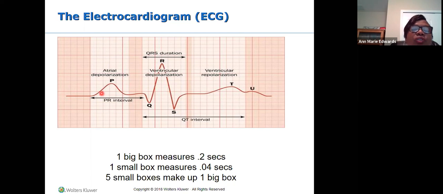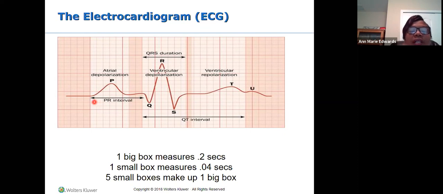All right, so you see these boxes. First, before I go to the boxes, remember we talk about our waves, and I'm sure you understand now your waves. And then we talk about our intervals, okay? Because the intervals can tell you if this patient is having a heart block or a dysrhythmia, okay?